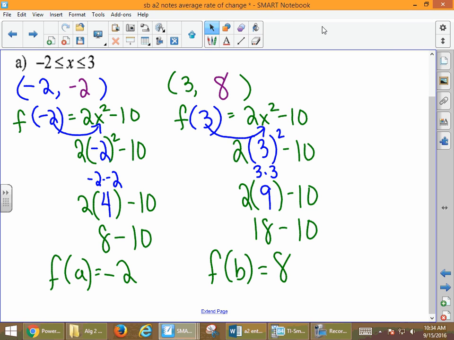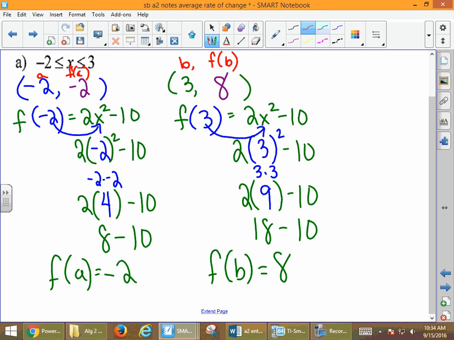And now to complete this problem, what we want to figure out is the average rate of change. Now we have the information that we need. This is a, this is f of a. Here's b, and there's f of b.